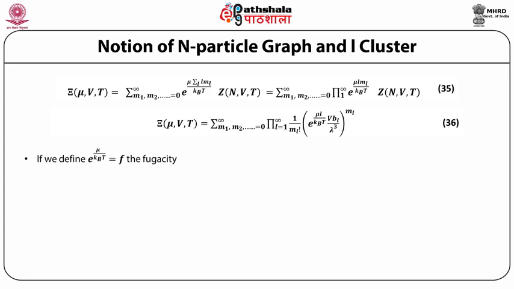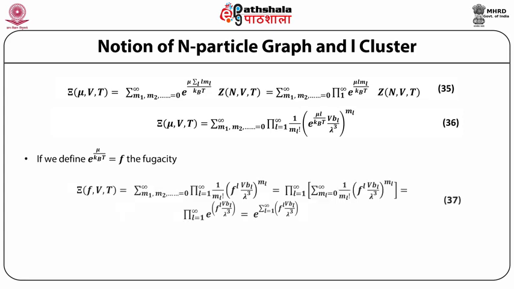If we define e^{μ/k_BT} equal to f, the fugacity, the grand partition function Xi as a function of fugacity f, volume V and temperature T is equal to the summation over m1, m2 and so on from 0 to infinity.